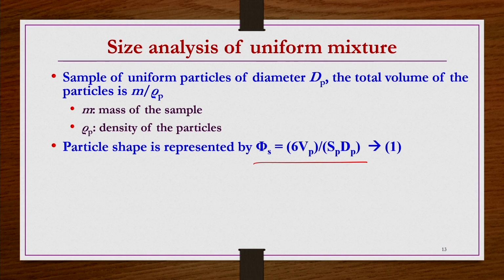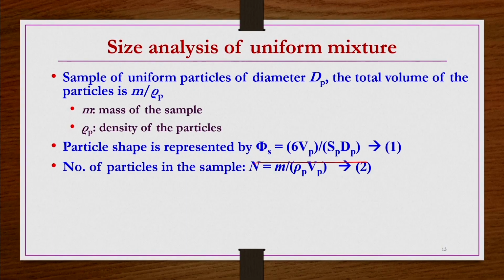Now, can you find out the total number of particles in this particular uniform mixture? It is quite possible, because the total volume of the sample is known, m by rho p, where m is the mass of the sample. Now, you know the volume of one single particle.